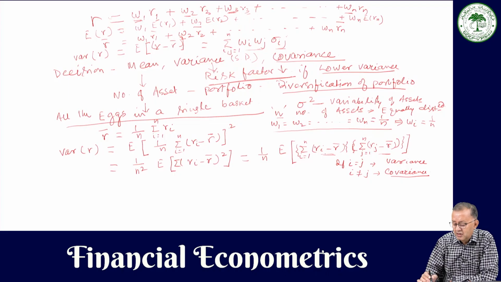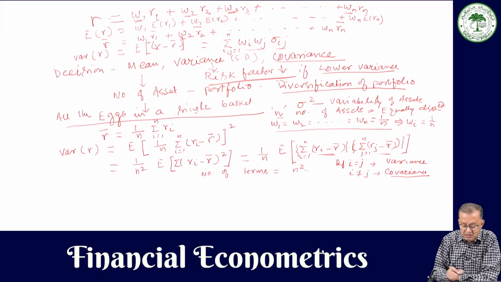In total, when you multiply this, which is from 1 to n, here also this is from 1 to n. So if you multiply these two terms, you will get n square terms. So the number of terms or number of items will be equal to n square. So this can further be split into 1 upon n square into sigma v.